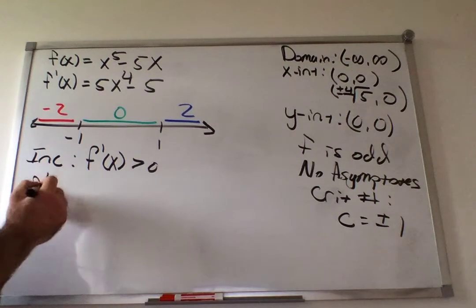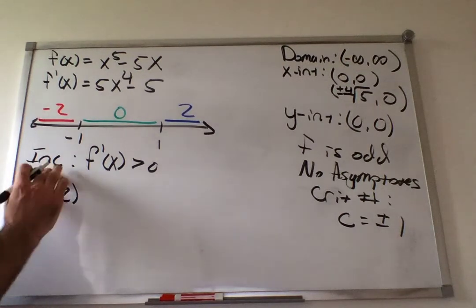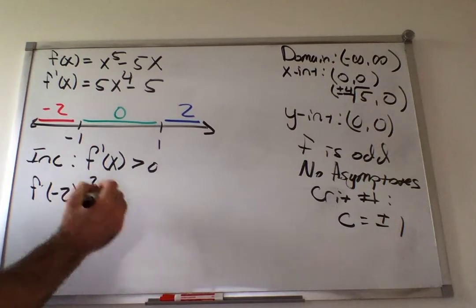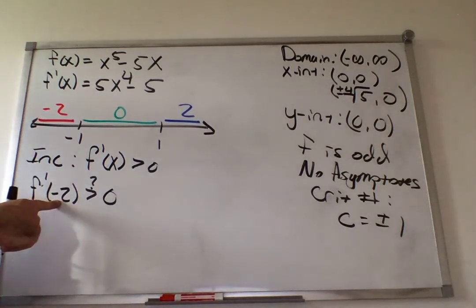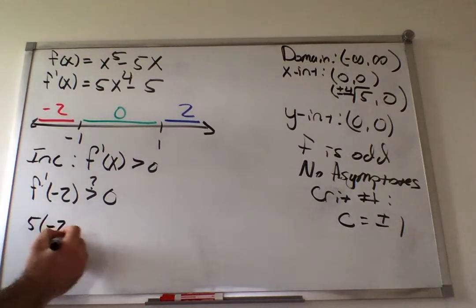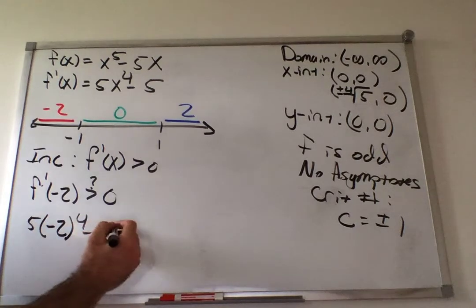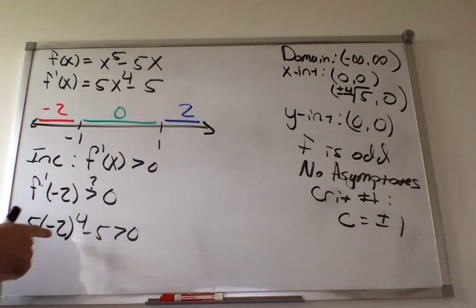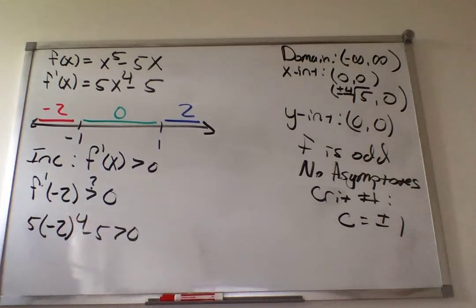So let's find f prime of negative 2. And let's see if this is greater than 0. All I'm doing is picking my test values, plugging them into the derivative. Okay? 5 times negative 2 to the fourth minus 5, is that greater than 0? Negative 2 to the fourth power is positive 16. 16 times 5 is 80.